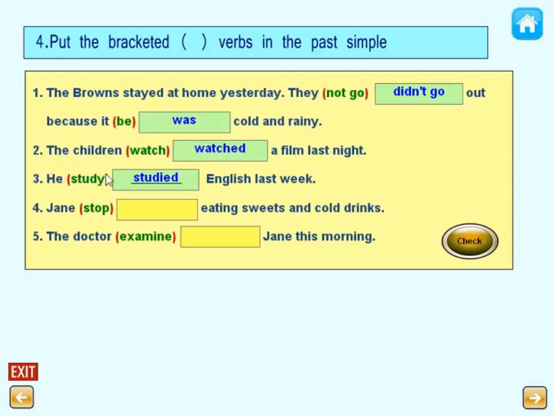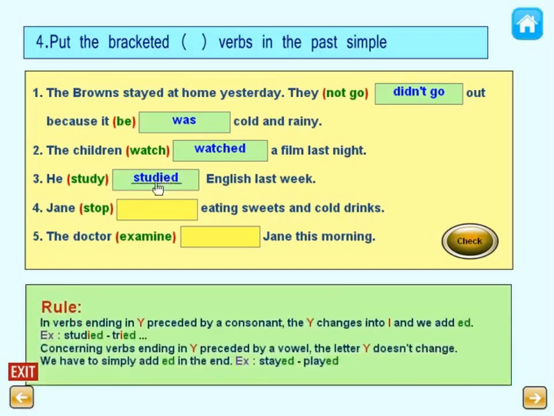Sentence 3. He studied English last week. What do you notice here? Of course, we note that the letter Y changed into I. Click on the verb here to discover the rule. As you see here, in verbs ending in Y, preceded by a consonant, the Y changes into I, and we add ed.